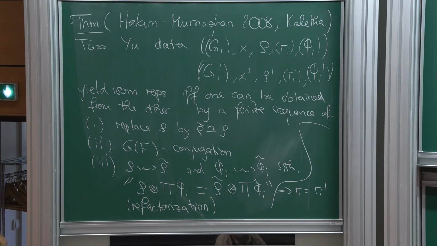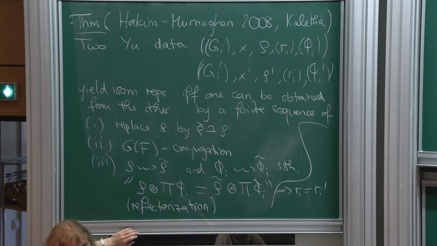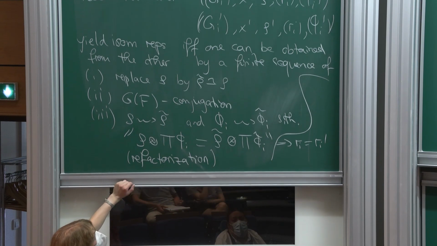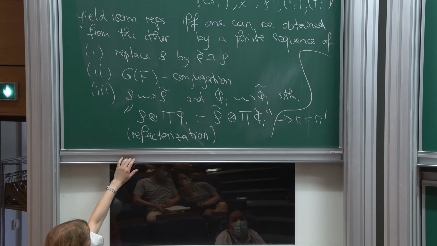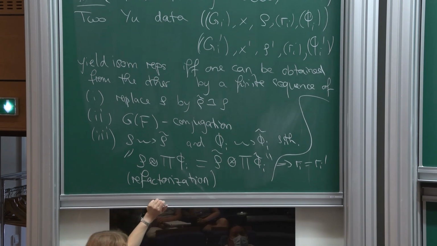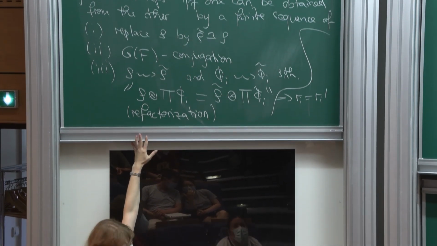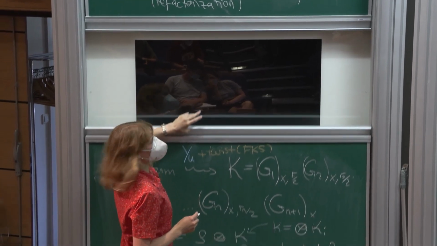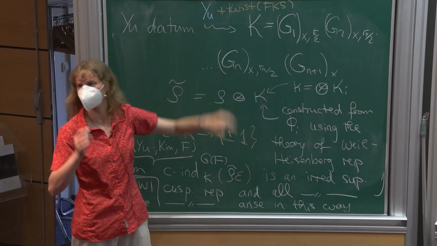So that's an invariant. That cannot be changed. And all the other things, yeah. And also, X can be only changed to a conjugate of X, and the same with the groups. So the groups are fixed up to conjugation.